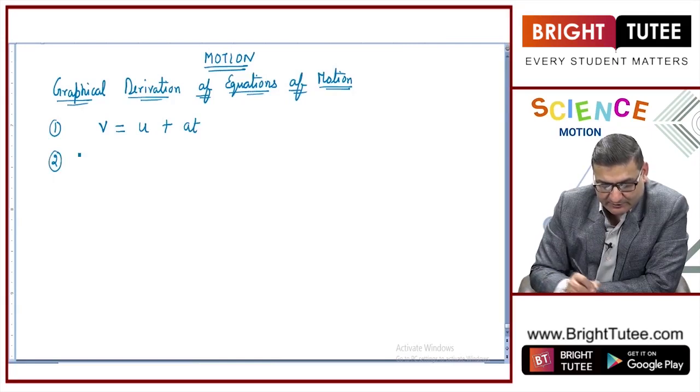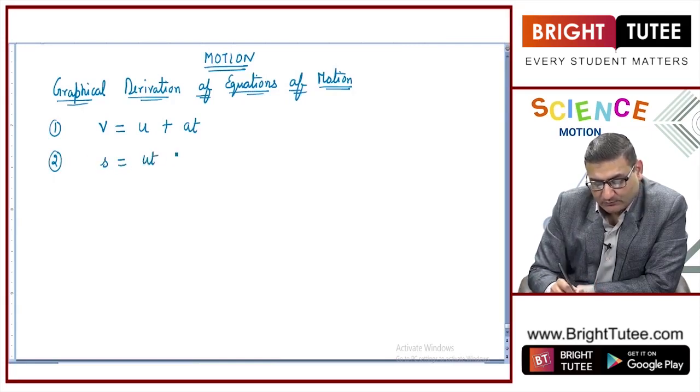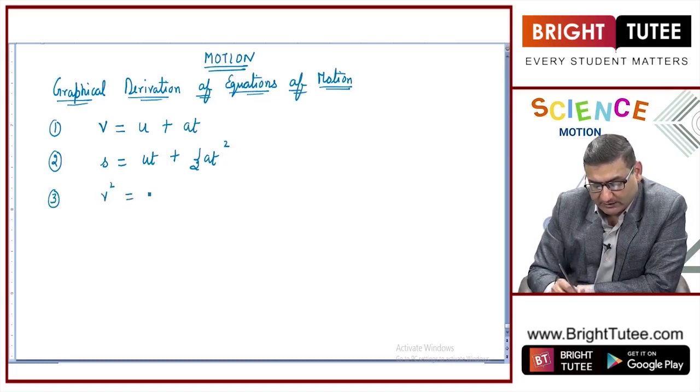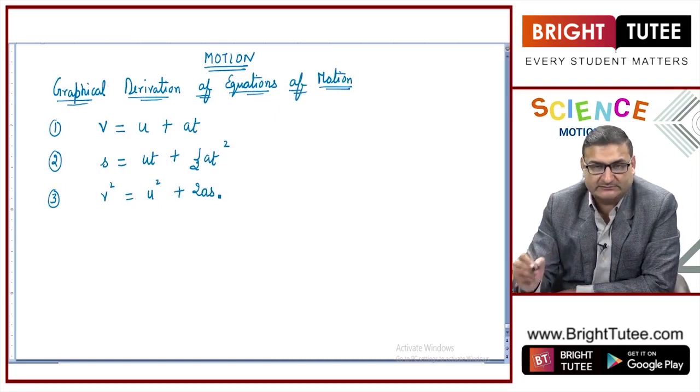The second equation of motion states that s is equal to ut plus half at square. The third equation of motion states that v square is equal to u square plus 2as.